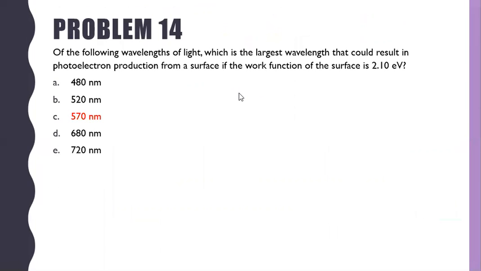What about this? I want the largest wavelength that could result in electron production from the surface with this work function. So this is the equation again. I need a positive kinetic energy, so I'm going to just find out which wavelength will give me 0.